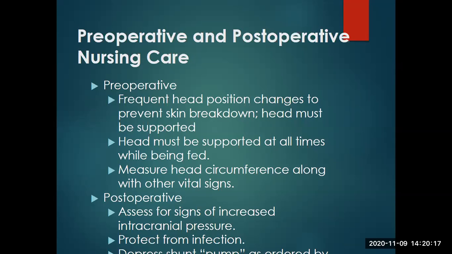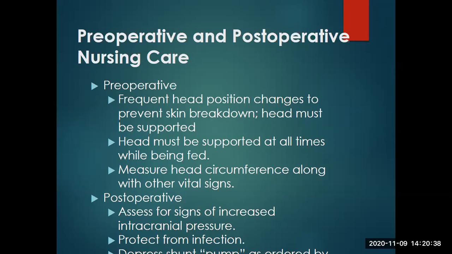And also there's going to be managing pain control for the infant, and remember to use the pain chart, especially if the baby's not able to tell you they're in pain. So you want to use one of those pain assessment charts just to make sure that you're assessing for pain and giving pain medication that's needed.